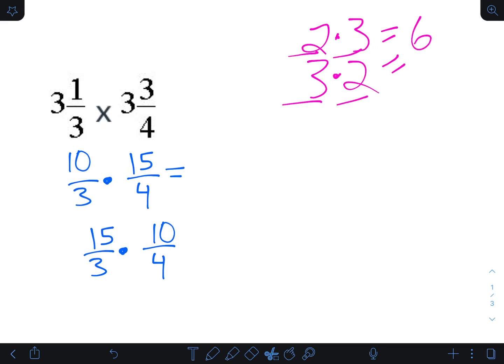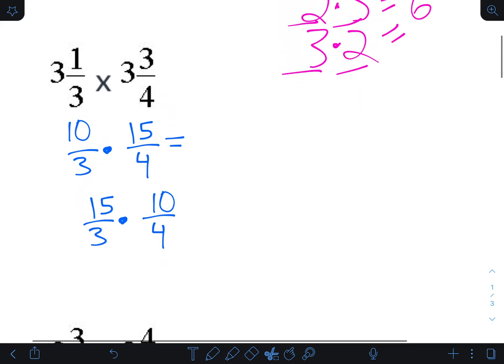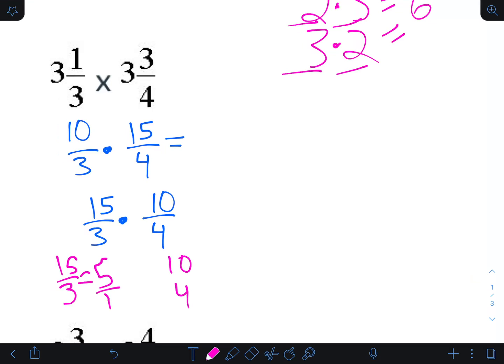But now look. You have 2 fractions that you can reduce. So let's reduce them. What's 15 divided by 3? That's 5, or 5 over 1, because I'm dealing with fractions. Now, 10 over 4. You can take a 2 out of both.